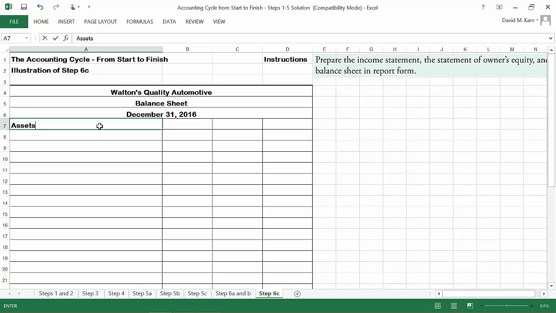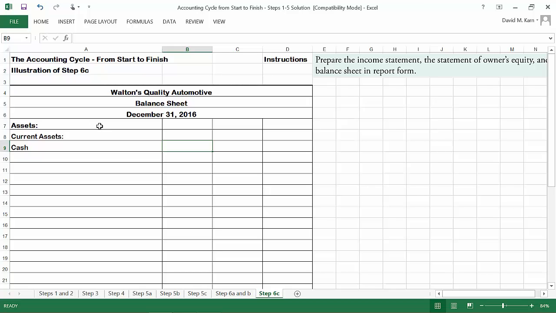So let's see how this works. Let's start off with assets overall, and then we'll go with our current ones. So we have current assets. Remember, current assets are anything that we will probably use up or go through within the 1 year or one operating cycle. So obviously the first one would include cash, so we're going to put that right here.